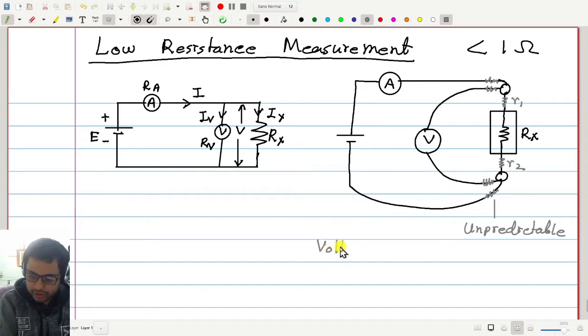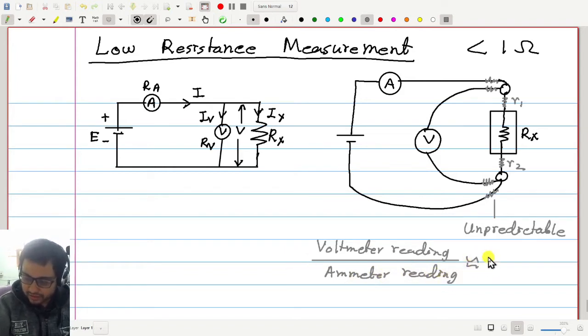What you are actually measuring is Rx plus r1 plus r2. So voltmeter reading by ammeter reading will be Rx plus r1 plus r2, which is not equal to Rx.